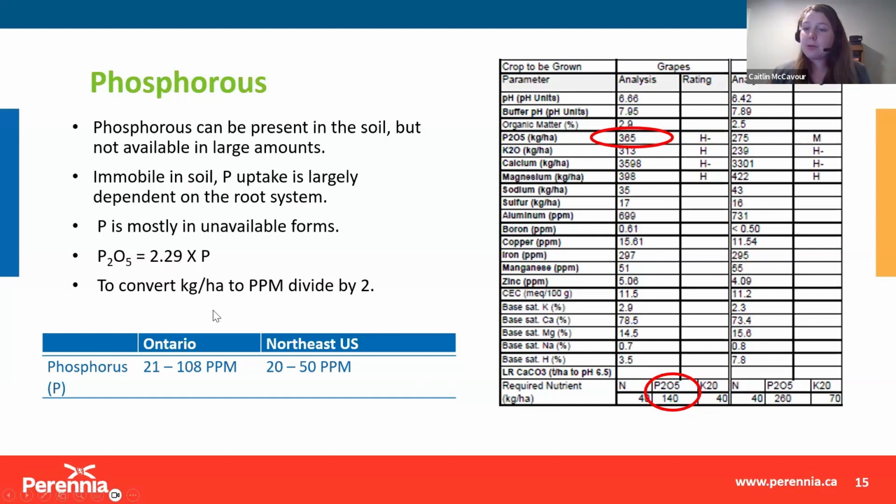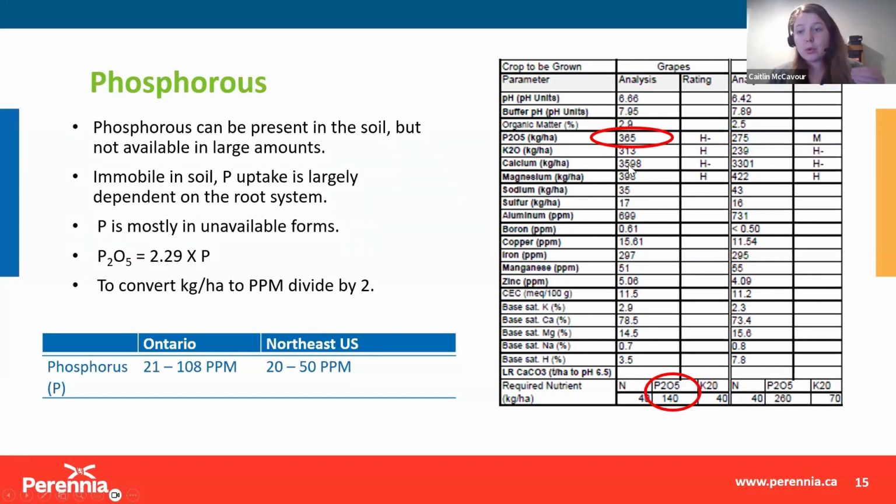And then if you're looking at recommendations from other places, so this is a phosphorus recommendation for Ontario, northeastern US, it's in parts per million. So one thing I want to reiterate here is that if you get soil tests from different labs, they may have their analyses represented by different units, and they may be using different tests.